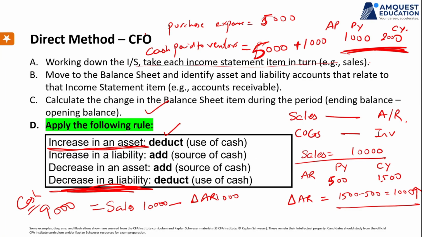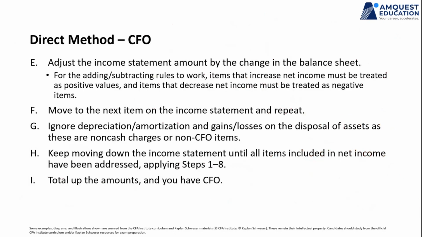The steps till you get to the rule, and then after getting to the rule, you create an equation, right? Adjust the income statement amount by the change in balance sheet as we were doing, like we said, sales minus increase in account receivable, right? We created an equation. And then you repeat the same step for each item on the income statement.